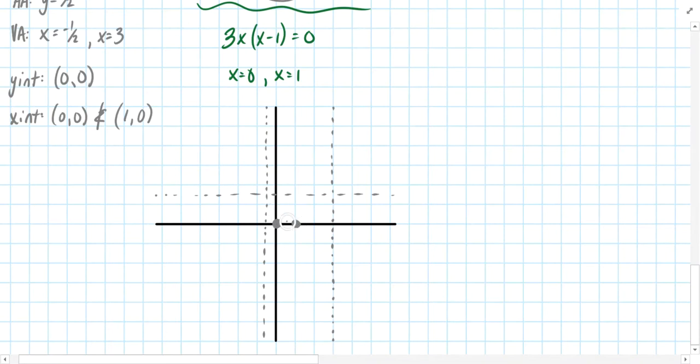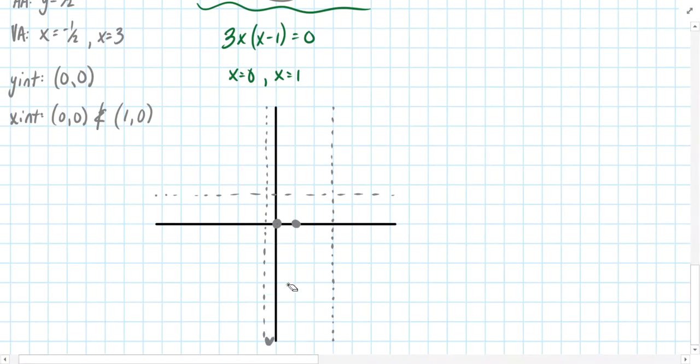And while I might be able to guess what's happening in the center here, I know we're somewhat bounded by this horizontal asymptote, but we're strongly bounded by the vertical asymptotes. I kind of think that there actually might be a U shape occurring in the center here. We have no idea what's happening on the outside edges, and so here again is another example of where a test point or a series of test points might come into play.